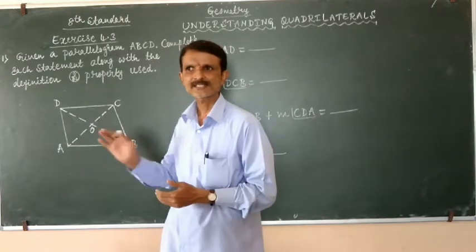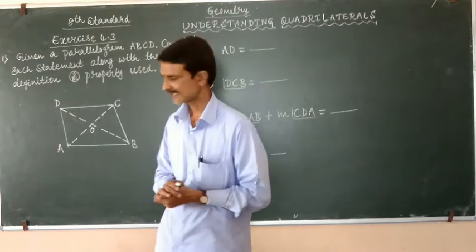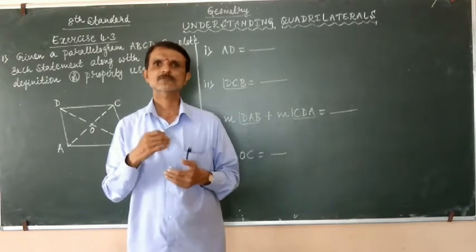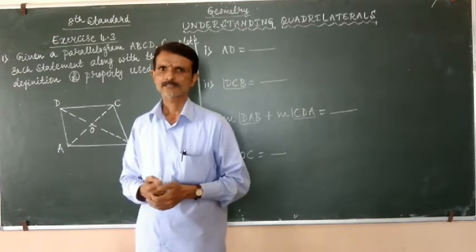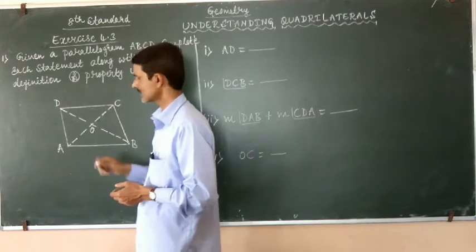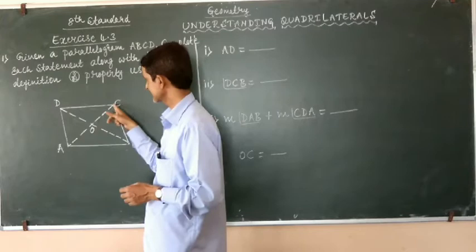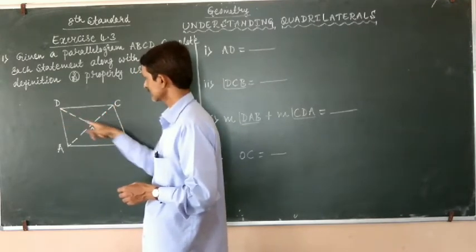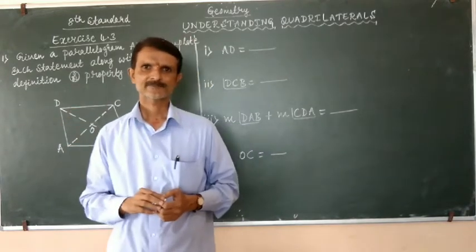Students, we define a diagonal as a line segment joining opposite vertices. Therefore, in the figure, AC is a diagonal, and another diagonal is BD. So AC and BD are the diagonals.